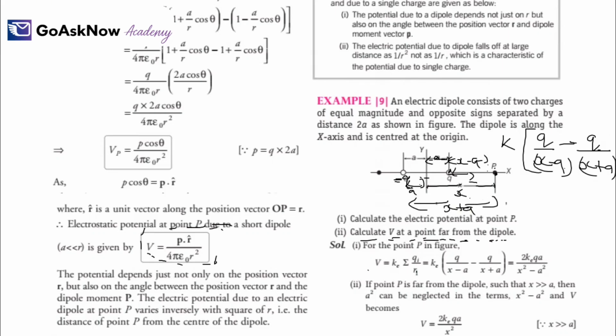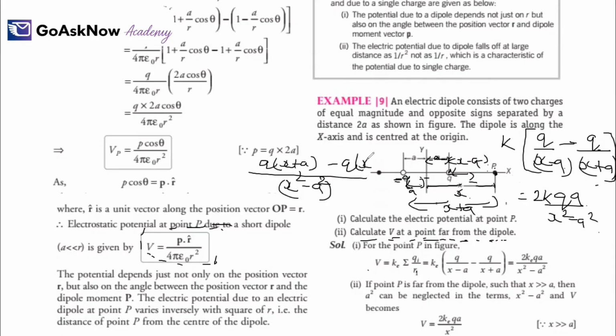After substituting these values, we will get the equation as 2kqa upon x square minus a square. Just take the LCM here. If you take the LCM, you will get x square minus a square in the denominator, due to the (a plus b)(a minus b) identity. And in the numerator you will get q into (x plus a) minus q into (x minus a), and k was outside the brackets.